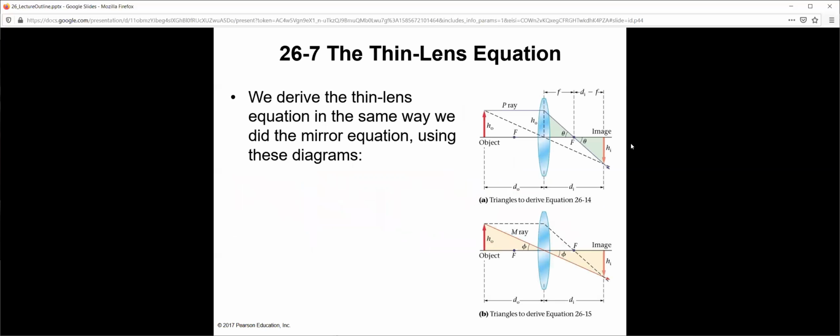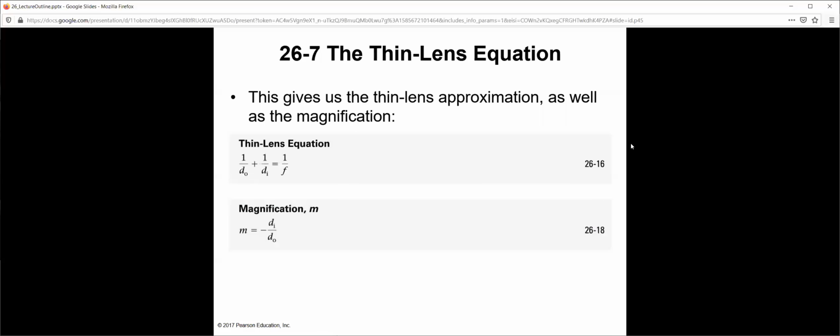The thin lens equation, again, lots of gross, nasty diagrams with lots of letters and variables on them that end up producing not very difficult equations. So this looks awfully similar to what we talked about with mirrors. That's kind of on point. That's there because of a good reason. Giving us very similar looking equations for focal length, distance, magnification, things of that nature.